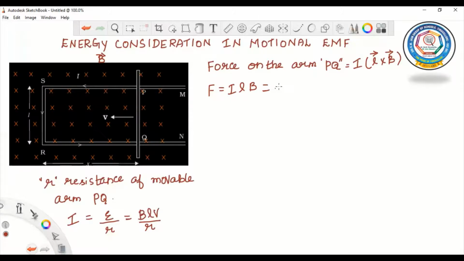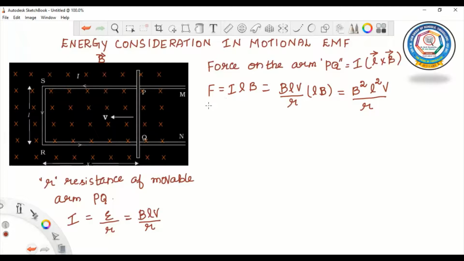We know that the induced current is BLV divided by R, into L B, which is equal to B square L square V divided by R. And here one thing we have to notice, children.